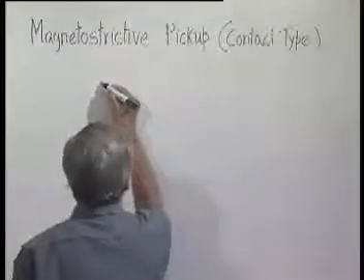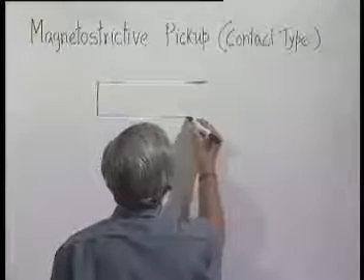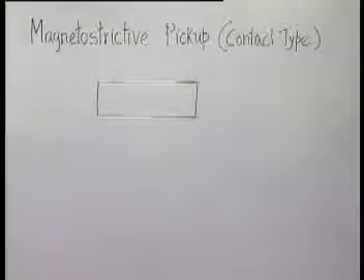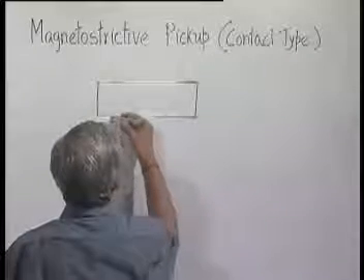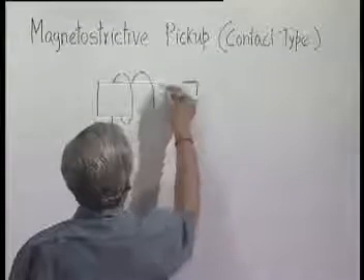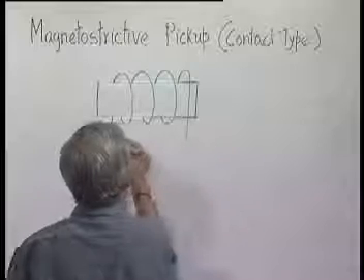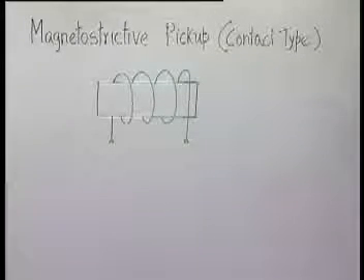Magnetostriction means if we take a ferromagnetic object and it is subjected to some magnetic field, so when a current is passed, what happens?